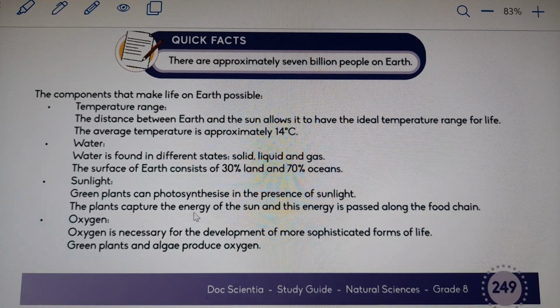The plants capture the energy of the sun, and this energy is passed along the food chain. We have already covered the food chain. Oxygen is necessary for development of more sophisticated forms of life. Green plants and algae produce oxygen. Okay, so these are the 4 components that make life possible on Earth. Please know them: temperature range, water, sunlight, and oxygen.